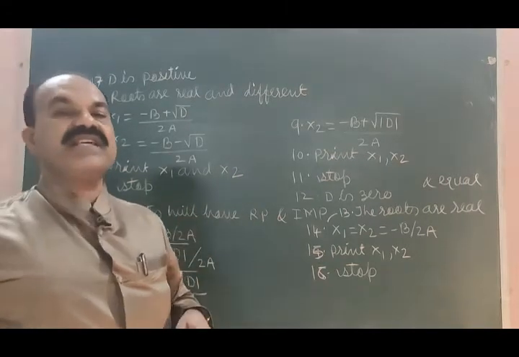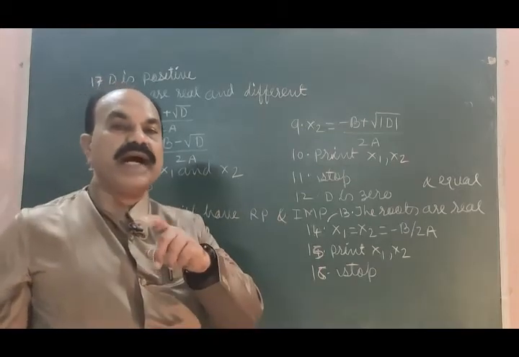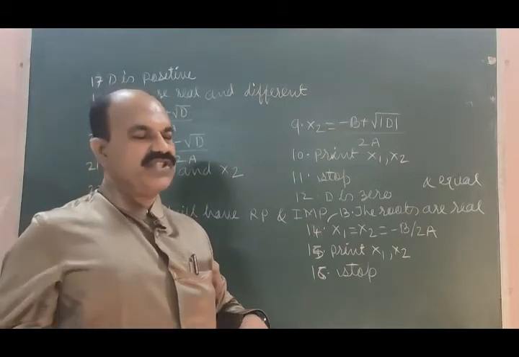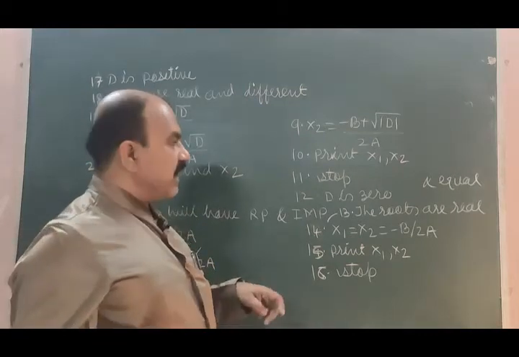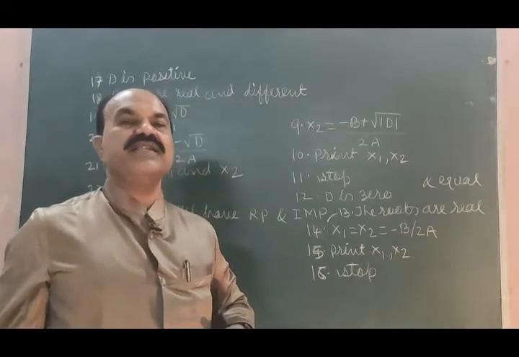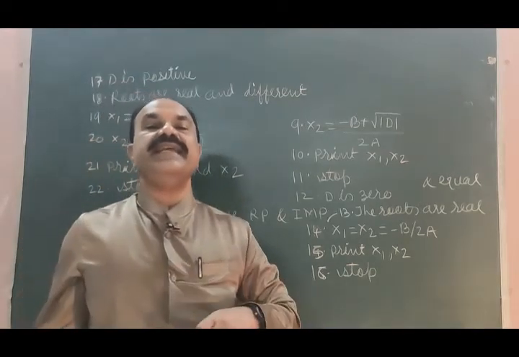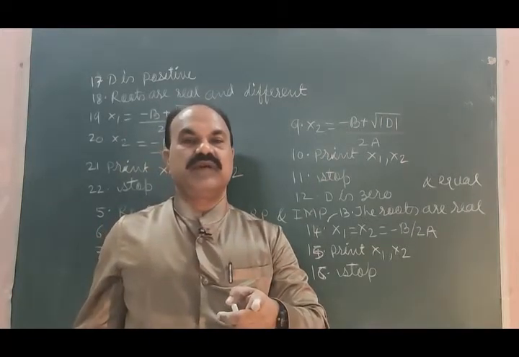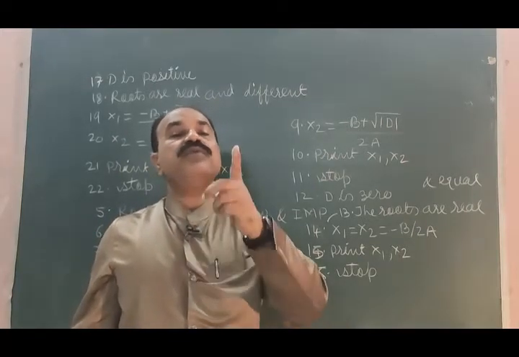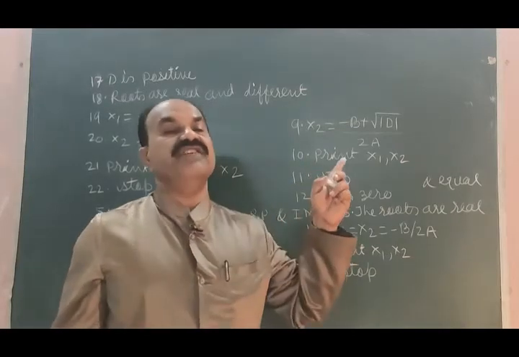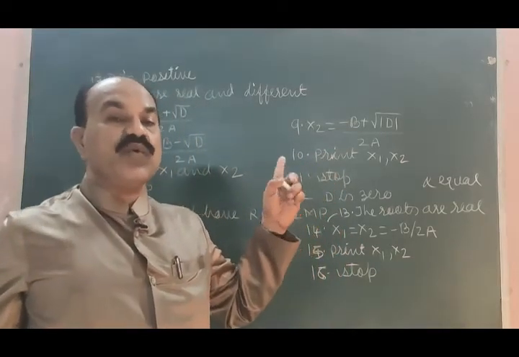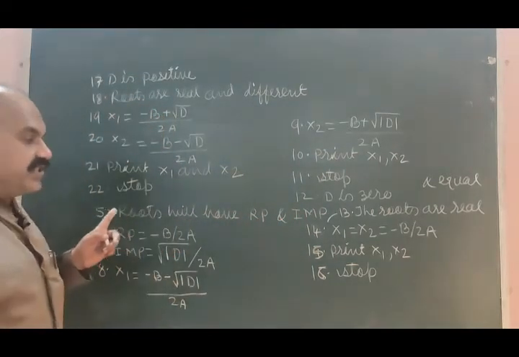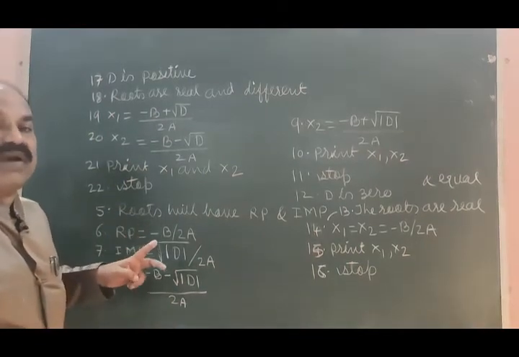After completing this algorithm, now I have to go for the flow chart, because once I complete the algorithm and flow chart, you will have complete idea of the procedure for writing foolproof program for the given task. Here, to get roots of the quadratic equation. Hope you understood this. I have made it very simple.